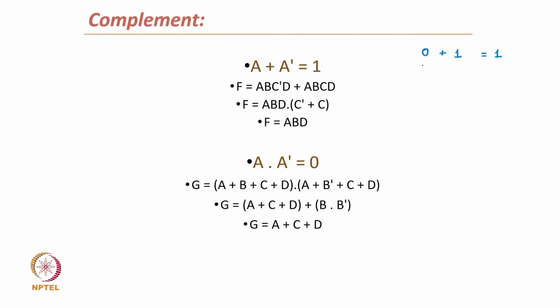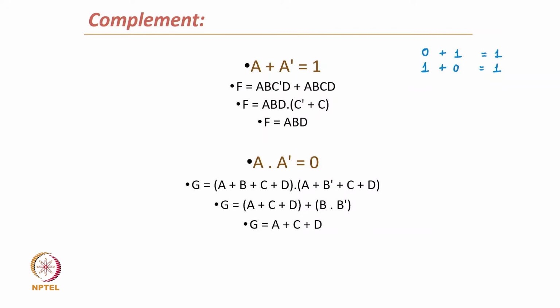For example, in the other case, if the input is 1 and we add it with the inverted value which is 0, then also the output will be 1. So, any literal or any group of literals, if it is added to its own negation, then the output is 1.